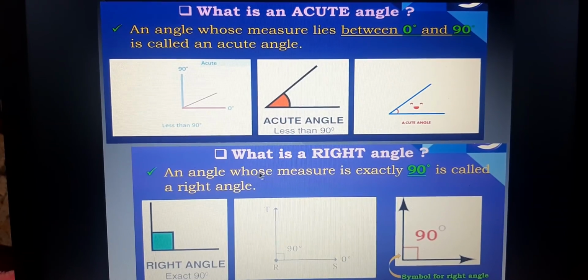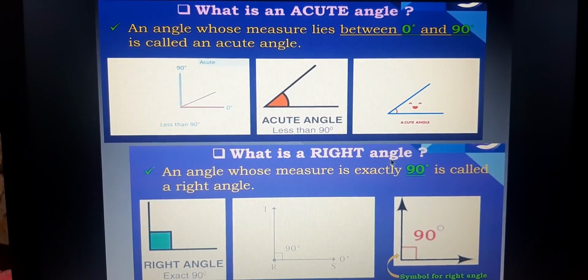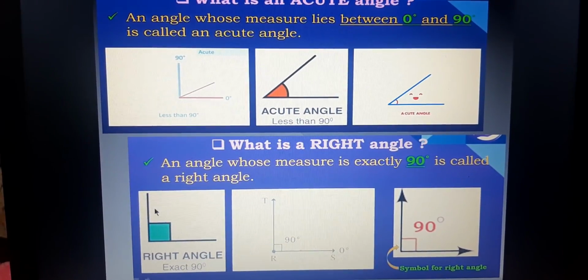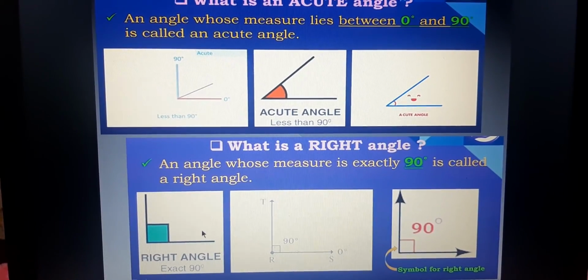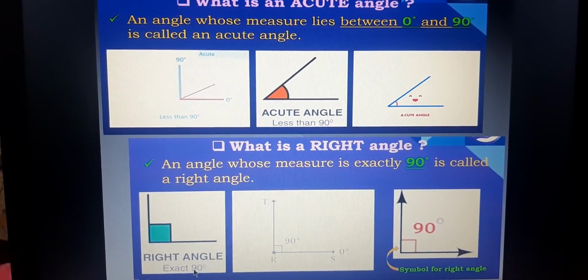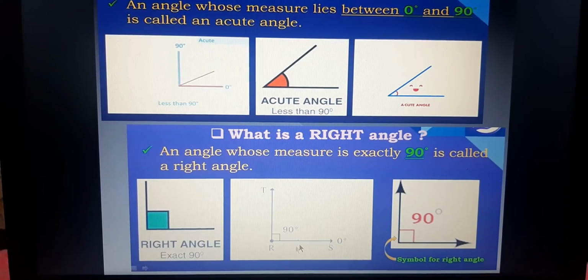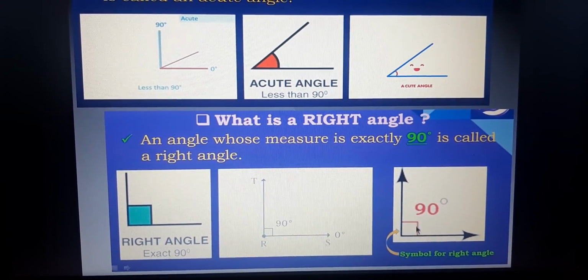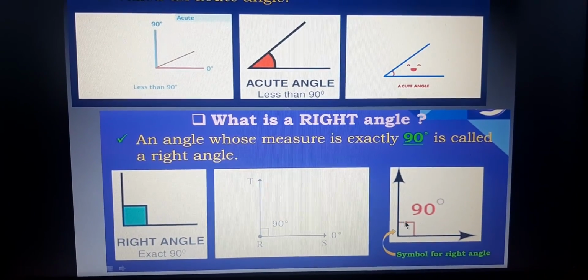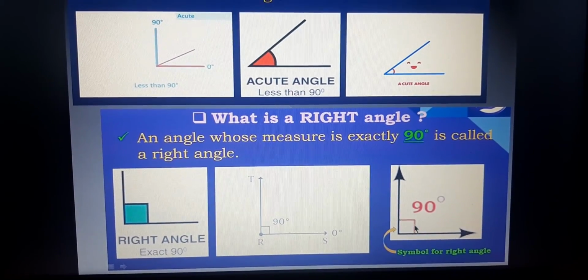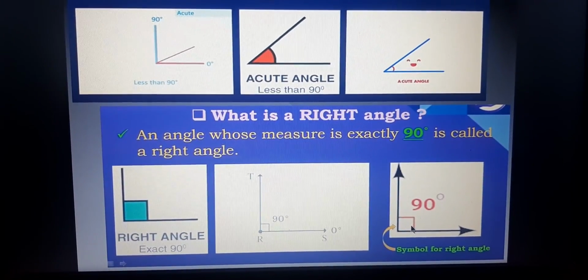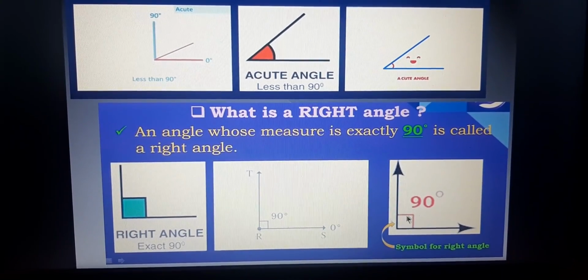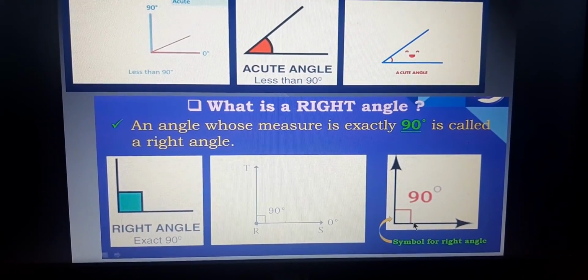Coming to the next one, what is a right angle? A right angle means 90 degrees, and it has the exact shape of the letter L. That is exactly 90 degrees. So this is called a right angle, right? You can see how it is. And as I told you, for a right angle you have to mark exactly the L shape. This indicates 90 degrees. Even if you don't write 90 degrees, this mark says that it is 90 degrees.